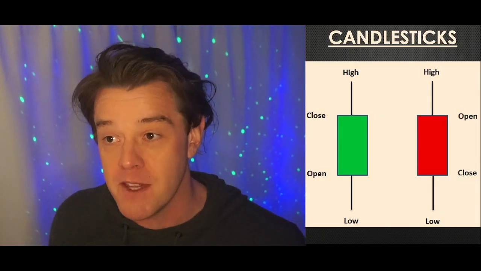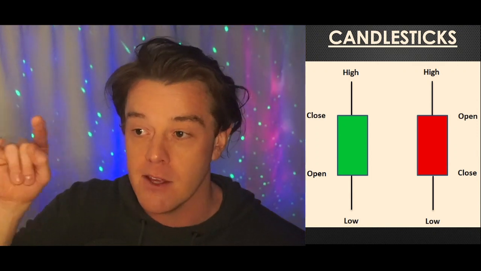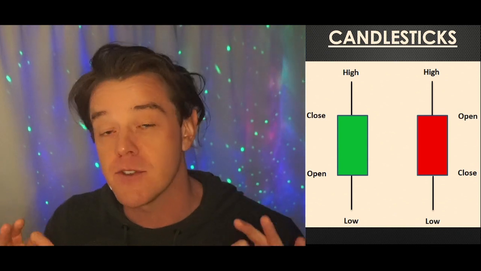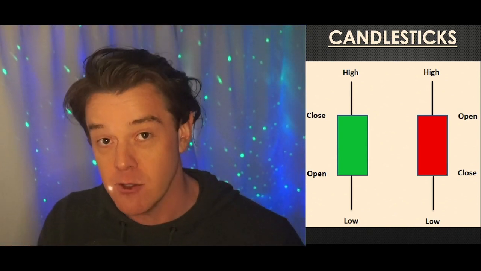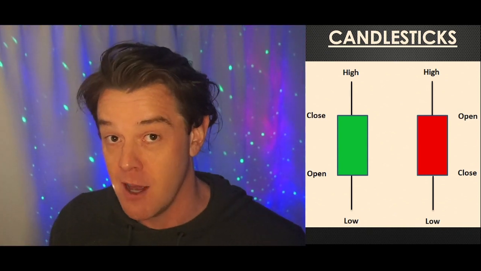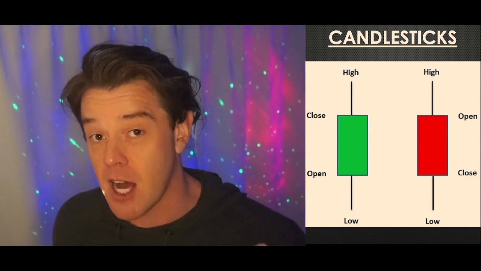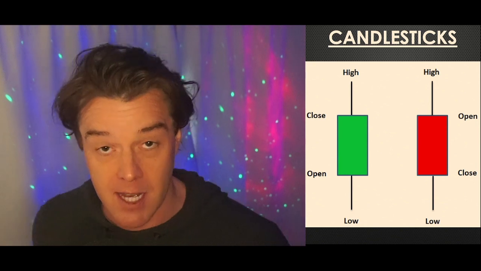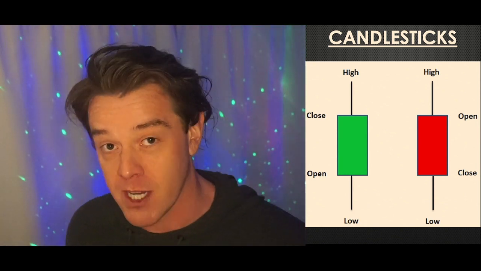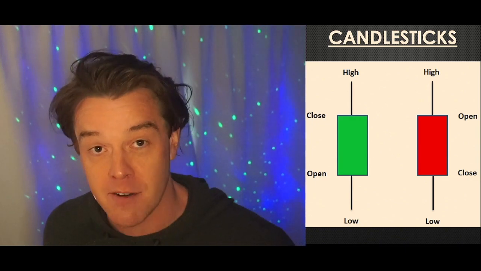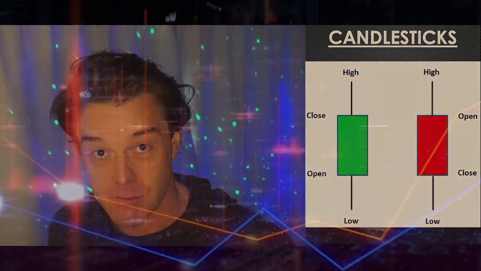But all of the indicators are the same. The high, the open, the close, and the low, they still show a version of a story. Candles tell stories. So what we're going to do next is we're going to discuss the different types of stories that candles can tell. Because when you know the story, you can anticipate where it may go next, and you can use that information to profit.